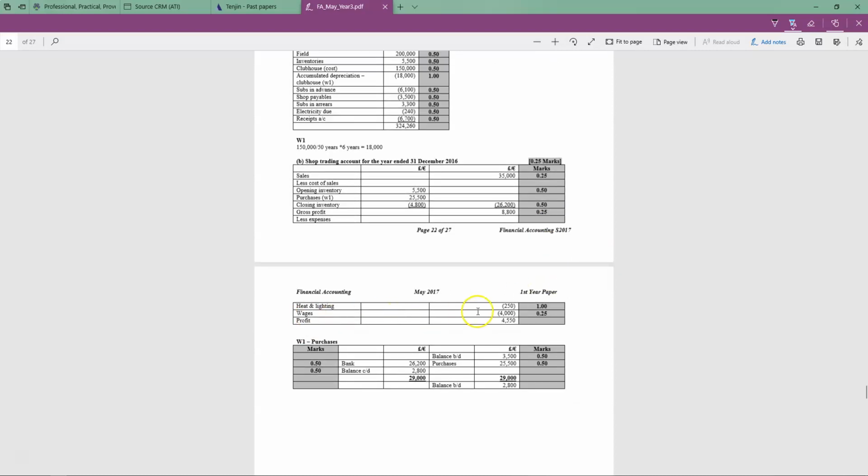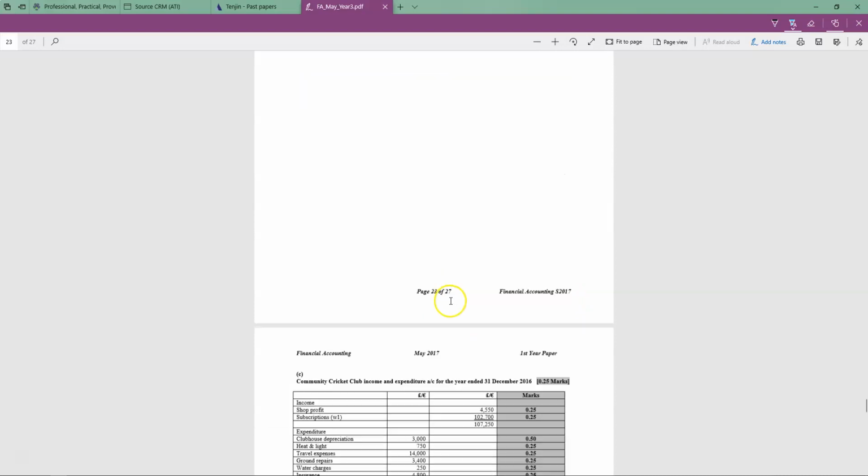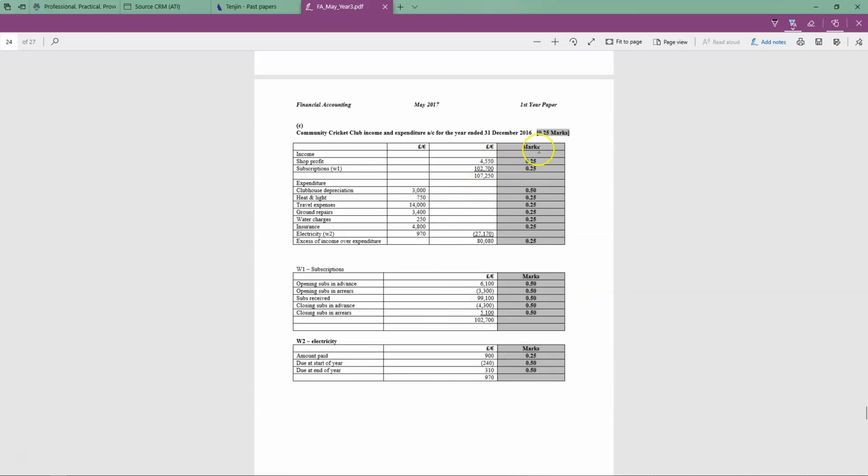A mark then for putting in your heating and lighting, just for multiplying it by the 25%, for putting in your wages. Then he's done the little bar payables, or the shop payables, and again you can do that in the plus and minus, and you get your full marks for that as well. Then you have the community cricket club, and again look at your marks here for putting in your heading correctly, and then your marks down along for bringing everything into the right spot. Then again, do a little subscriptions T account.